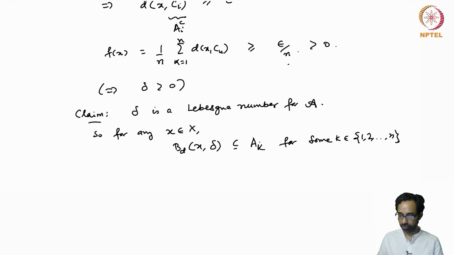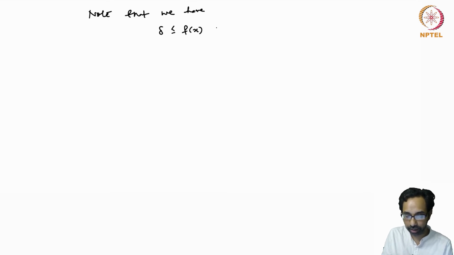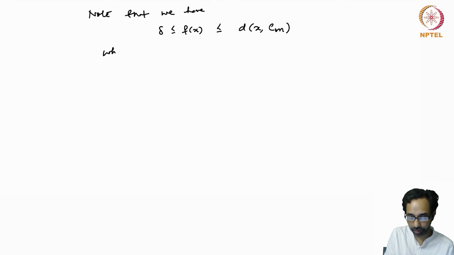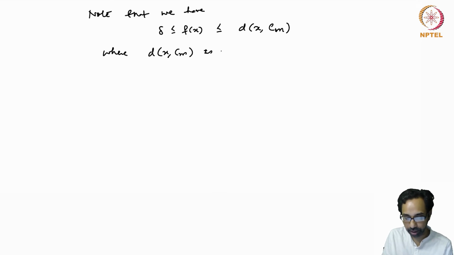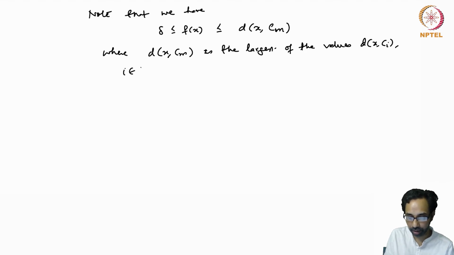So why is this true? To show this, note that we have that delta is less than or equal to f of x, and this is less than or equal to d of x, cm, where d of x, cm is the largest of the values d(x, ci) for i in 1 up to n.